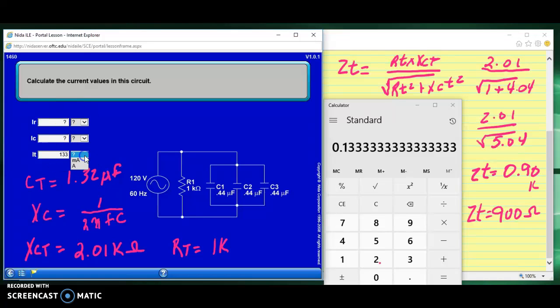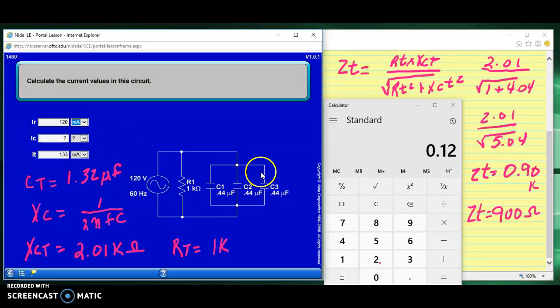Now, we know each one of these is seeing a total of 120 volts. So to calculate current for the 1K, it's just a matter of taking 120 divided by 1,000, which equals about 120 milliamps across the resistor. Again, that's just voltage divided by resistance.